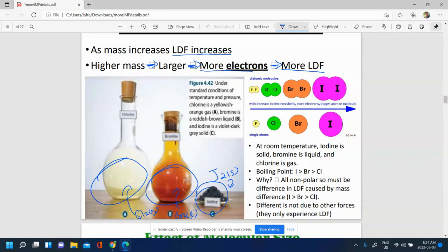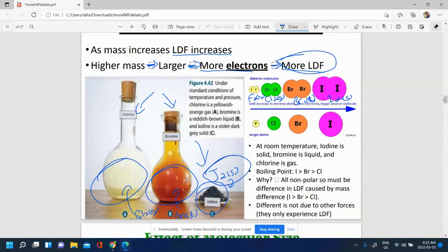So these F2, Cl2, Br2, I2, that's a liquid, this is a solid, they're all nonpolar. Because they're all nonpolar, they don't have dipole-dipoles, they don't have hydrogen bonding. The only thing they can have is LDF.